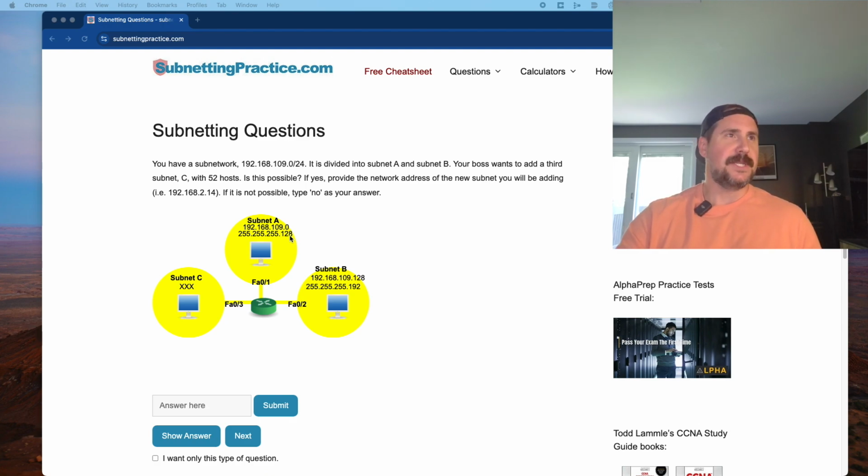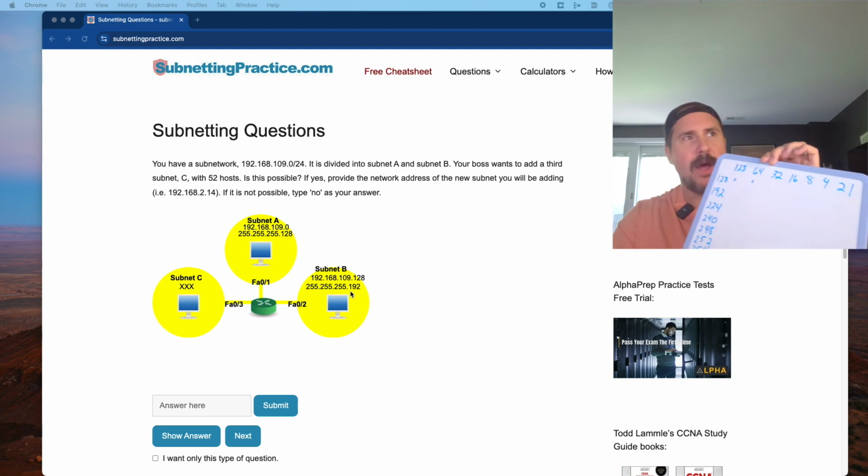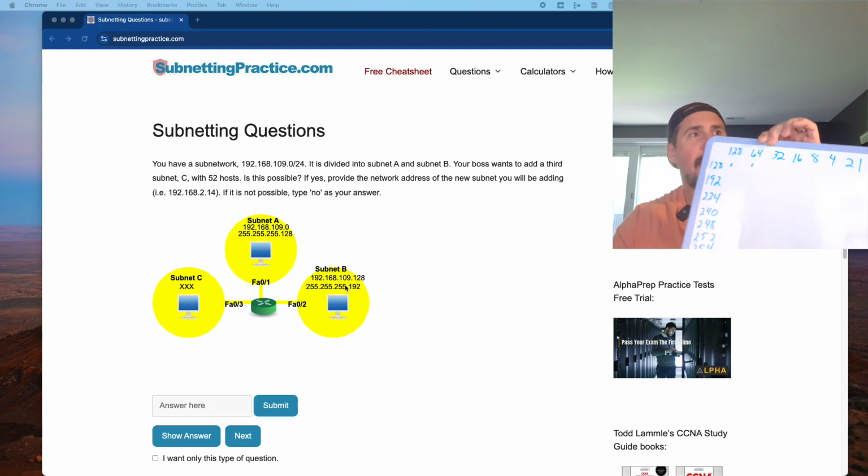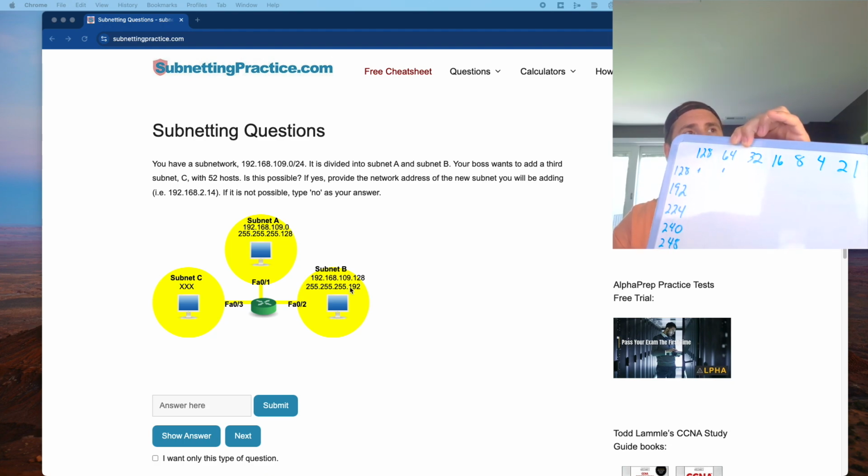Okay, so as you can see, subnet B begins the next block, and it has a subnet mask of 192. So it's a /26 subnet, and it goes up in blocks of 64. So on subnet B there, I see that the subnet mask is 255.255.255.192.